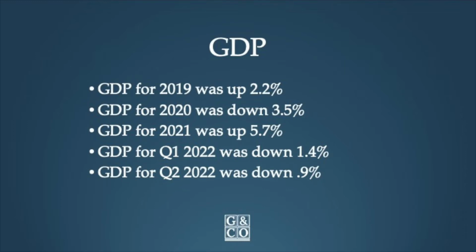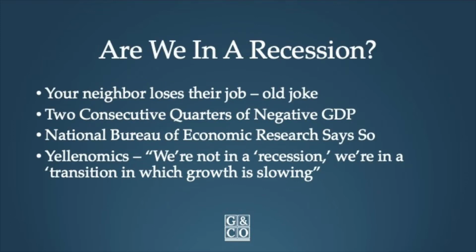I tell you that because there's one other thing when you know you're in a recession, and it's when the National Bureau of Economic Research says you're in a recession. So I guess from a societal standpoint, you're really not in a recession until the National Bureau of Economic Research says so.